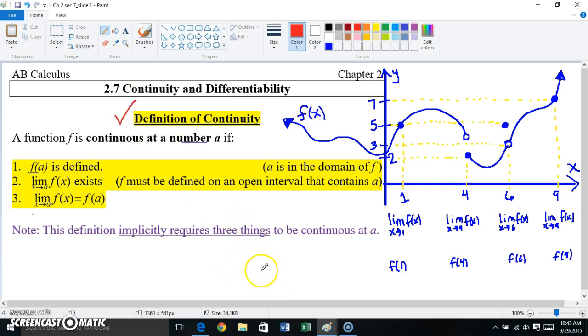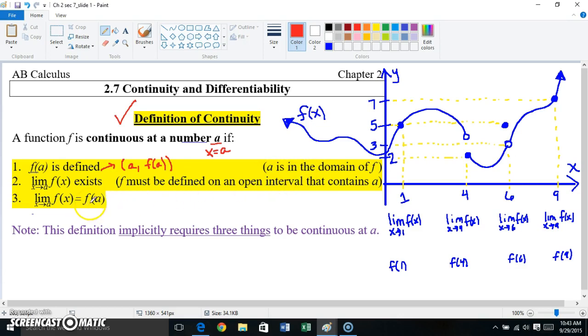A function is continuous at a number a, like x equals a, if f of a is defined. So this implies that the point (a, f of a) exists on your graph. All right, a has to be in the domain.